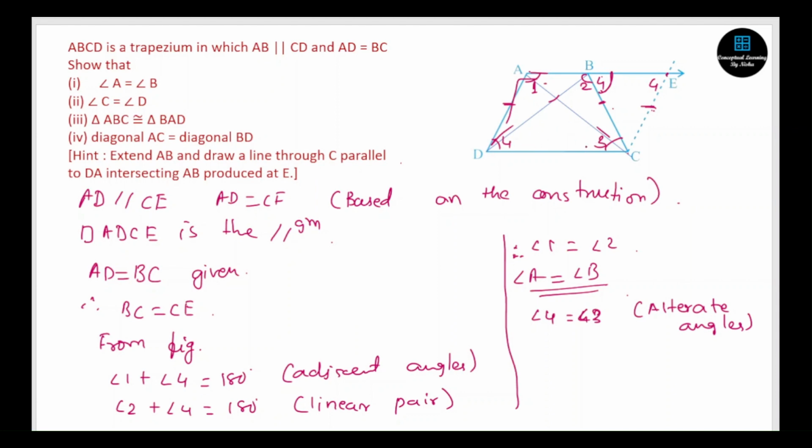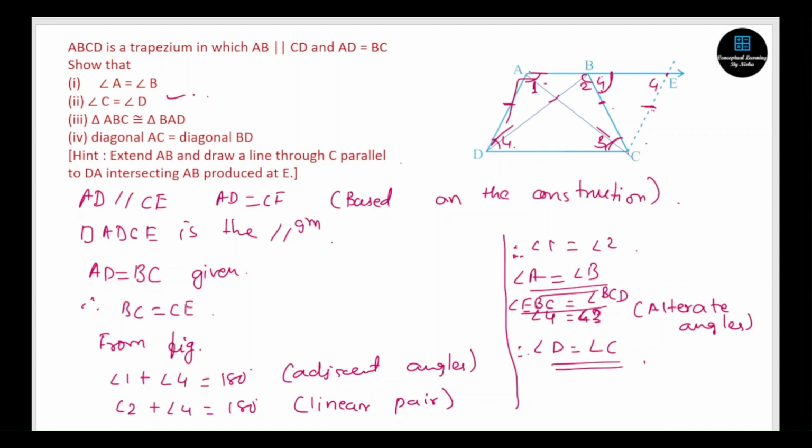Let me write here, angle EBC equals angle BCD. I'm talking about these two alternate angles. So angle 3 equals angle 4, but as angle 3 is angle C and angle 4 is angle D, therefore angle D equals angle C in this trapezium, and that we already proved, right?